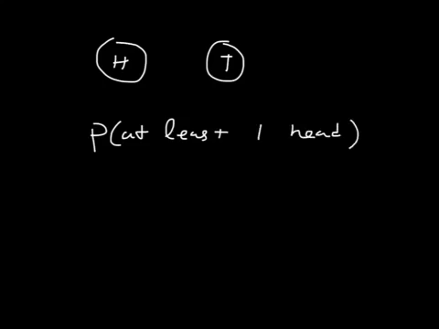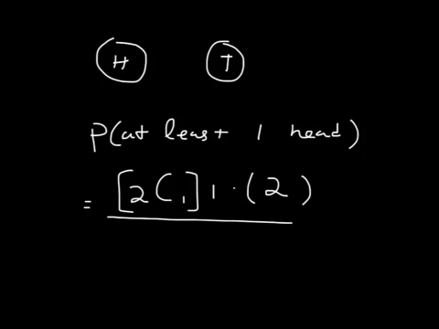So using this incorrect logic again, I would say there are 2 flips and I'm choosing 1. And there's 1 way that I get a head. And then on the next flip, I don't care what I get, so there are 2 options. And I would divide that by 2 options on the first coin and 2 options on the next coin, which is 2 squared.